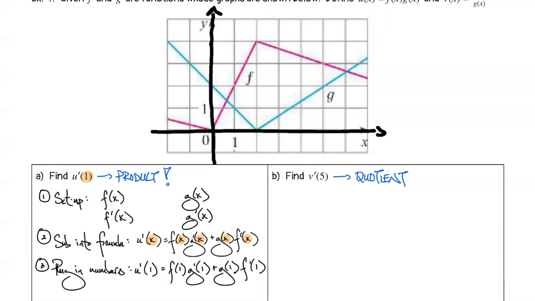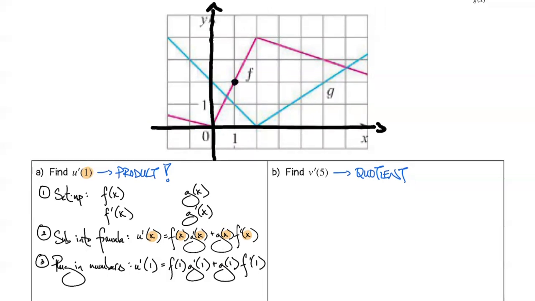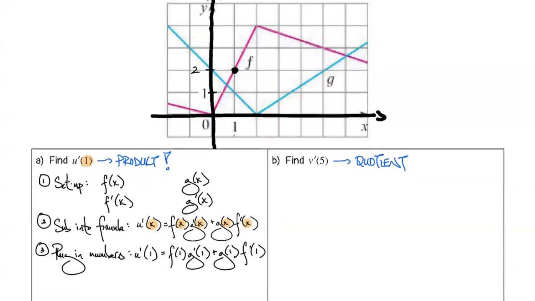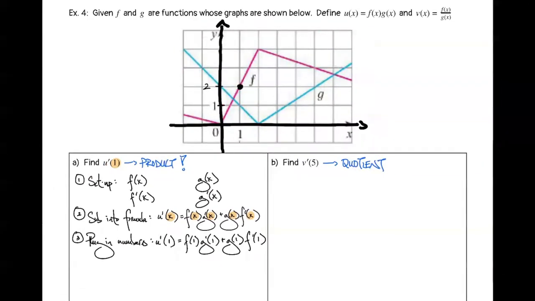So if I go to f of 1 and draw a dot, that has a y value of 2 according to the diagram. Right, so this is 1, this is 2. And so everywhere I see f of 1, I can go ahead and plug in a 2. How in the world do I find g prime of 1?